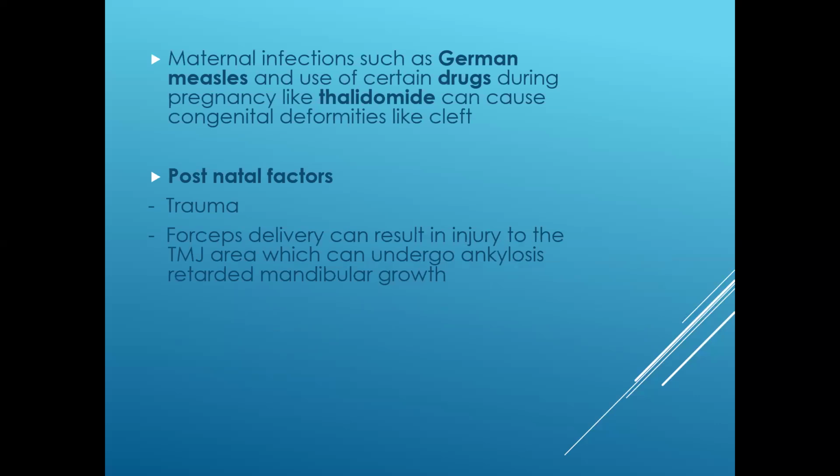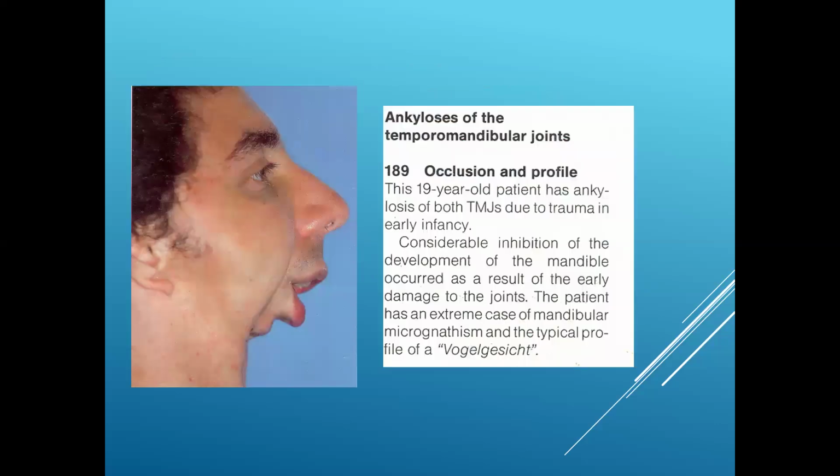Maternal infections such as German measles and use of certain drugs during pregnancy like thalidomide can cause congenital deformities like cleft. Postnatal factors include trauma, that may be a forceps delivery that can result in injury of the TMJ area and which can undergo ankylosis, resulting in retarded mandibular growth.